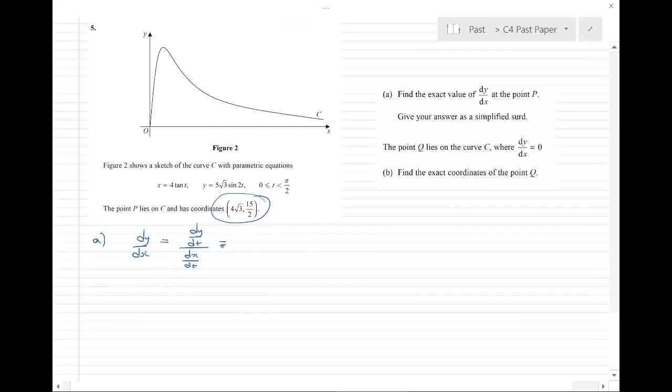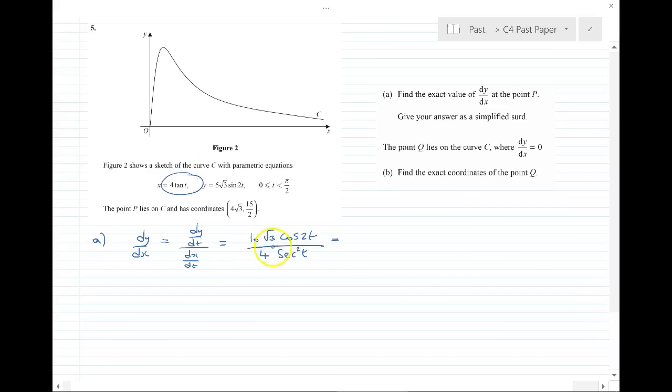Now, dy by dt, differentiating this, is equal to 10, because of the 2 here we're timesing it by 2, 10 root 3 cos 2t. And then differentiating this is 4 sec squared t.